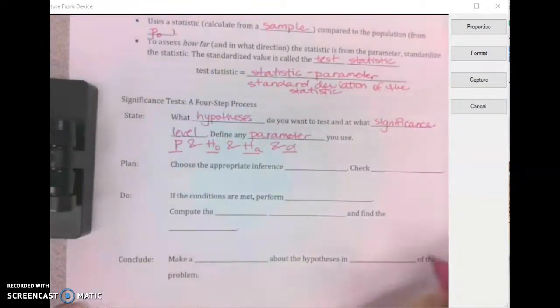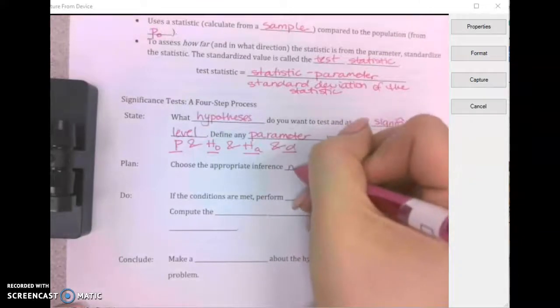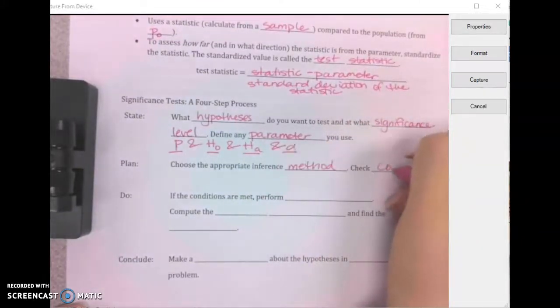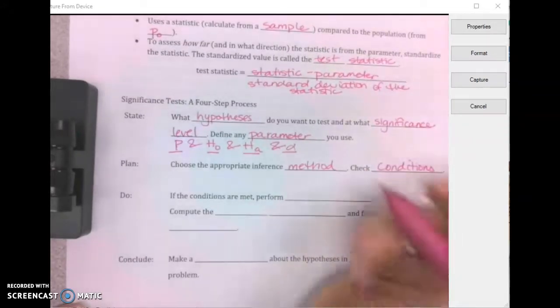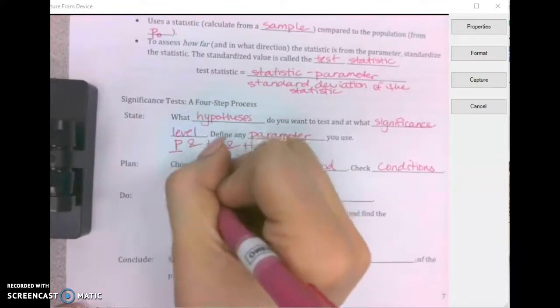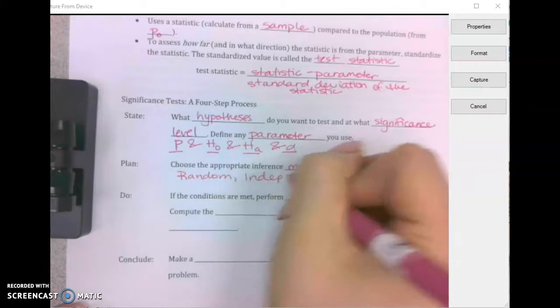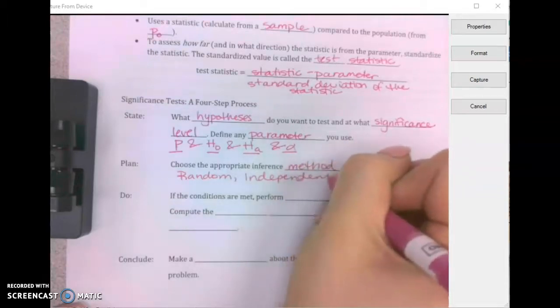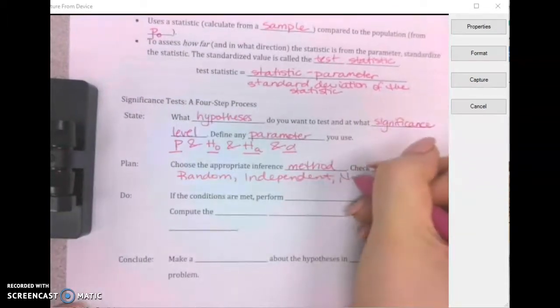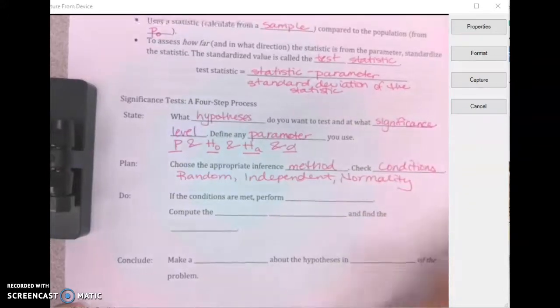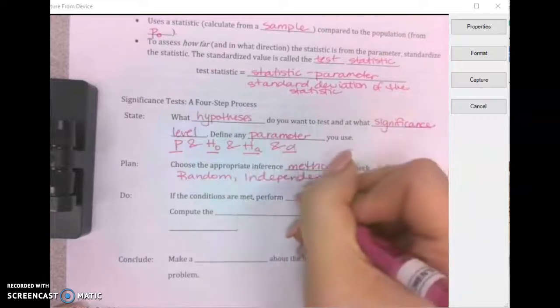So now we plan. We choose the appropriate inference method and we check our conditions. We just went over our three conditions: random, independent, and normality. If the conditions are met, we perform the calculations.